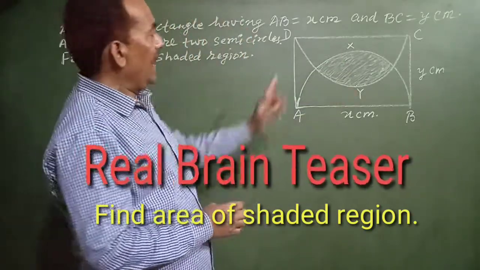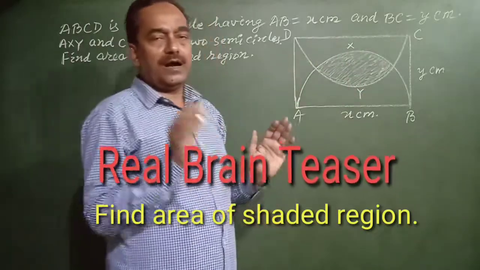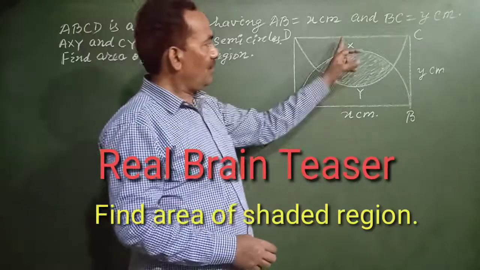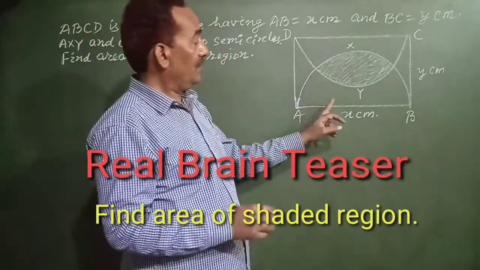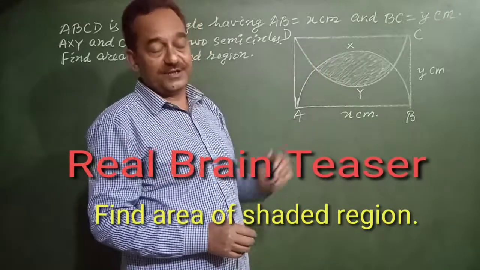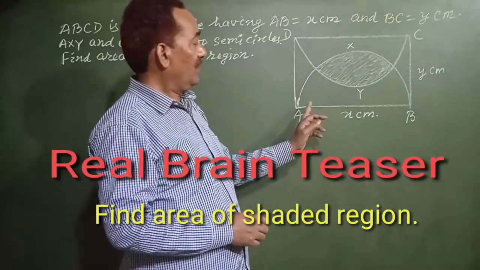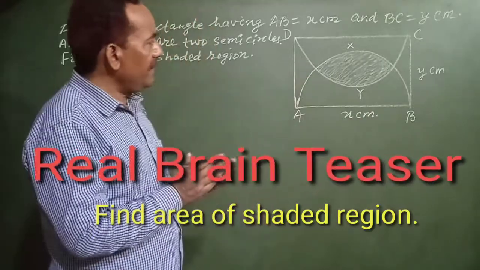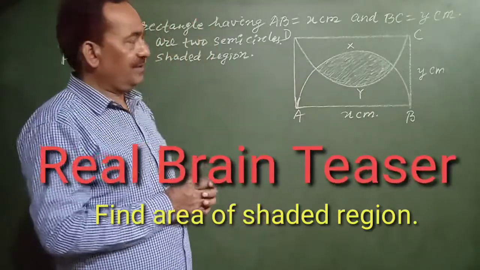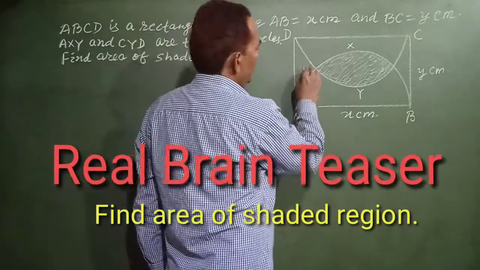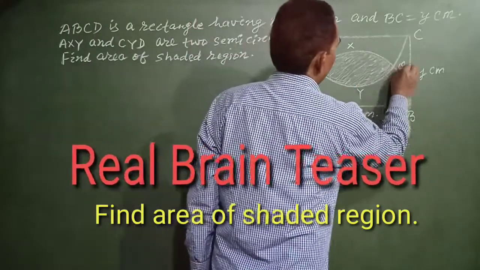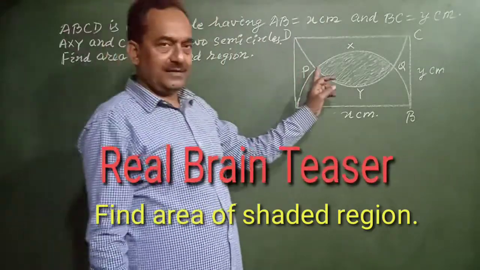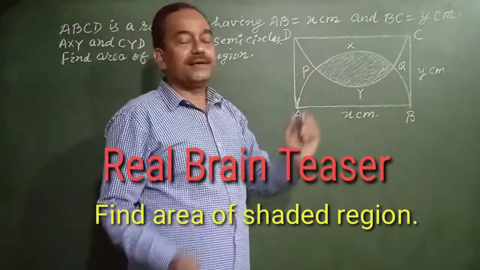AXB and CYD are two semicircles drawn on the sides of the length, that is AB and CD, and they intersect each other at points P and Q.